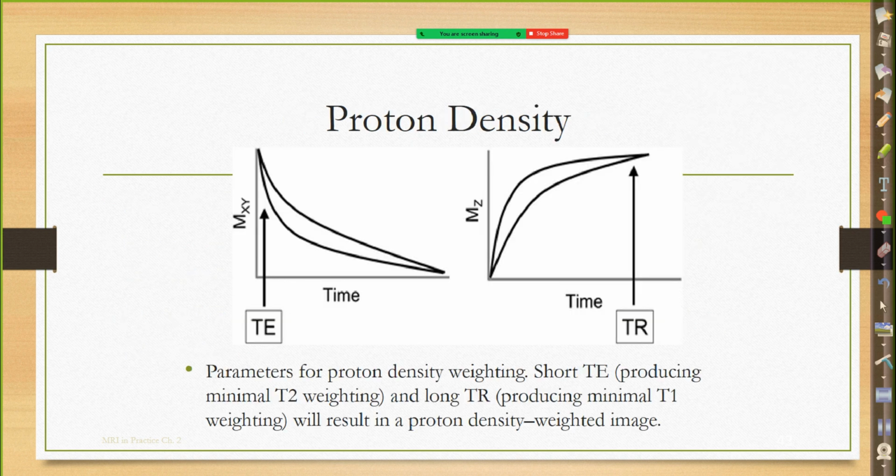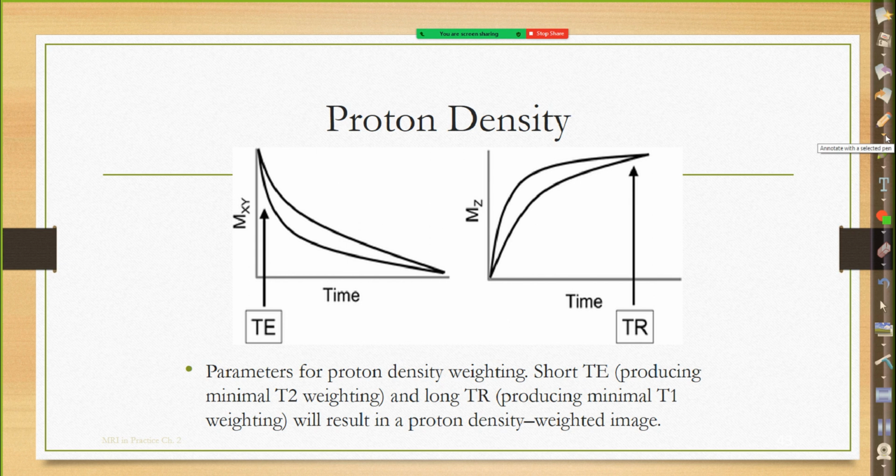So this is what it looks like. Remember, for proton density, we are trying to diminish T1 and T2 contrast on our image. And how we do that is by selecting a very short echo time. And just remember, TE is always going to be associated with what curve?